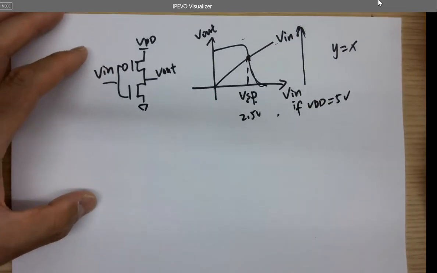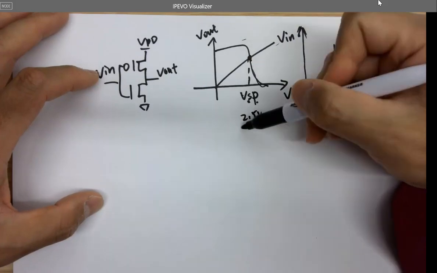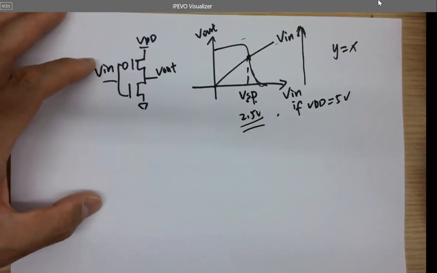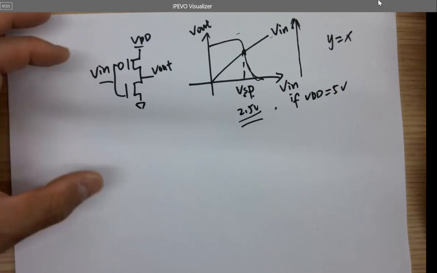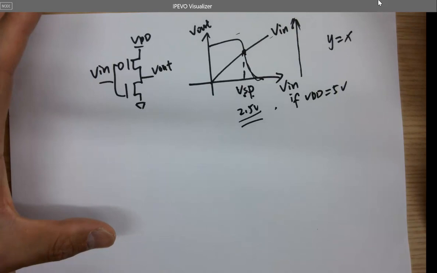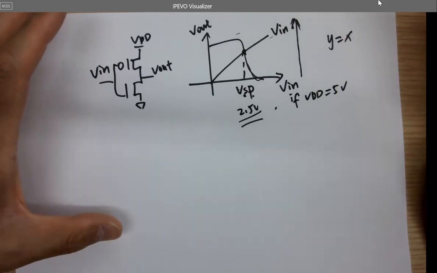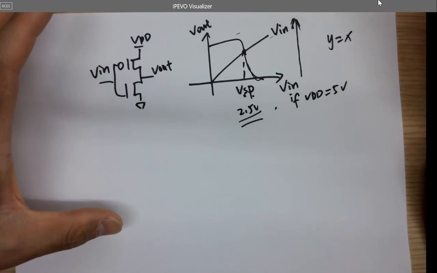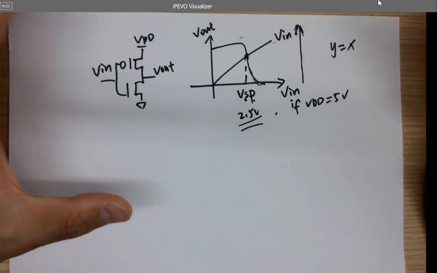Okay, so we need to design that inverter to make it switch at 2.5 volts, usually. That's the ideal case, but most of the time you don't care. You just want to make the smallest size you can. If the switching point is at 2.5, 2.54, 2.55, 2.6, nobody really cares. They care about how many transistors can integrate onto the chip.